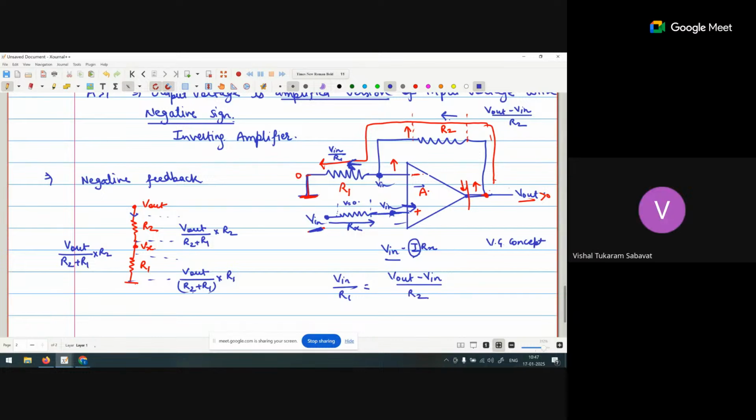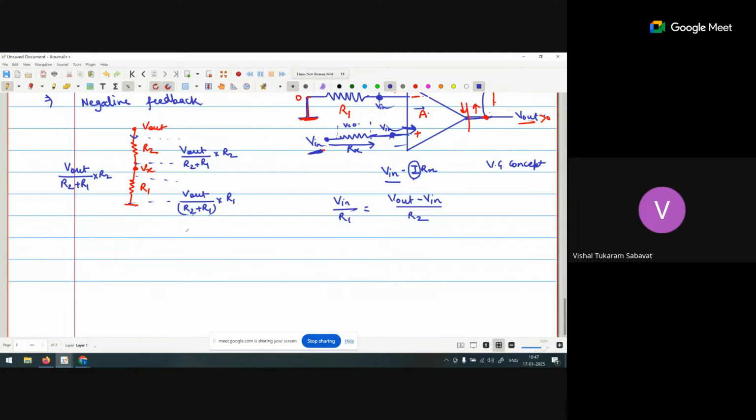So Vn (1 upon R1 plus 1 upon R2) is equal to V out by R2.